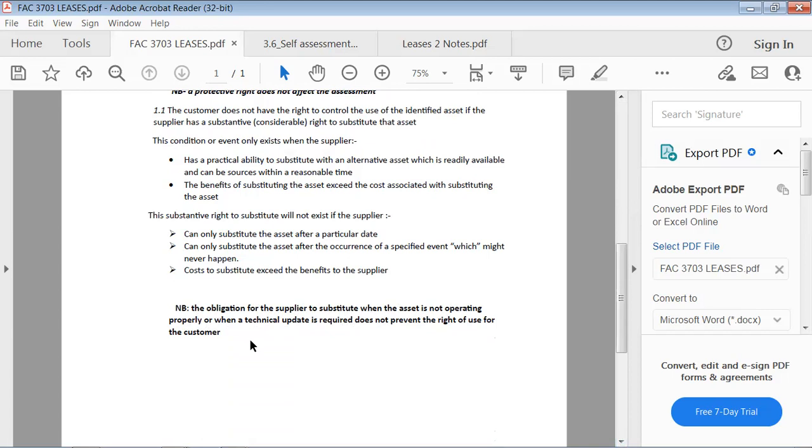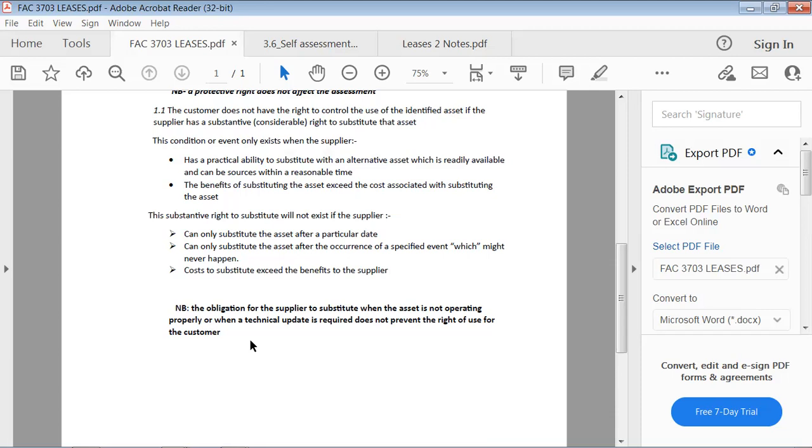So that means if the supplier needs to substitute because that thing is not operating properly, or he's taking it away to fix it or to update it, that doesn't mean that he's got substitution powers.